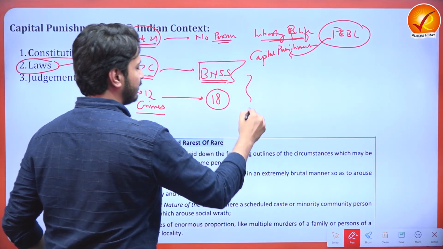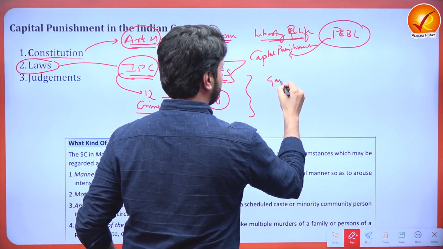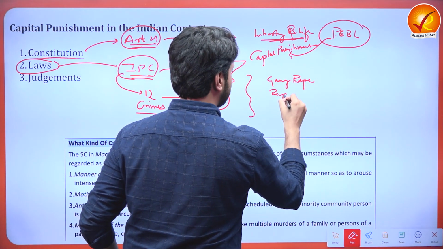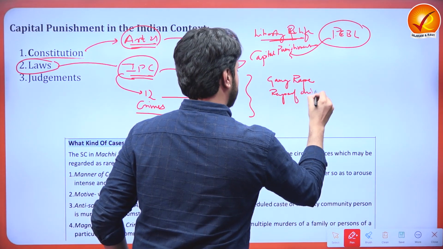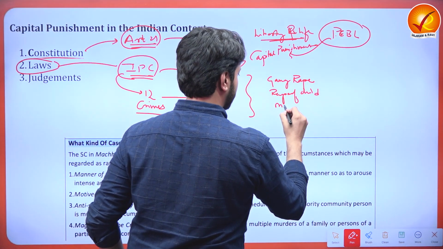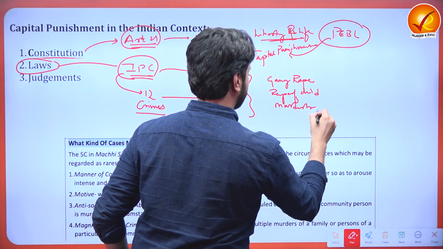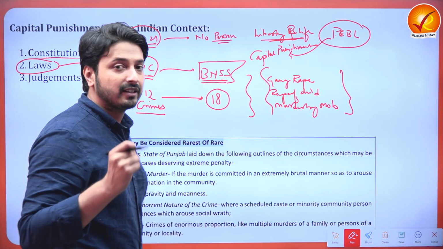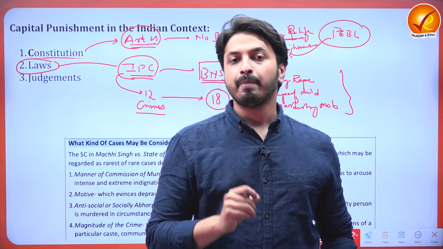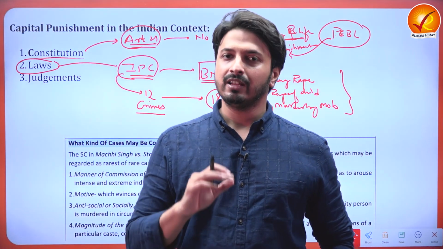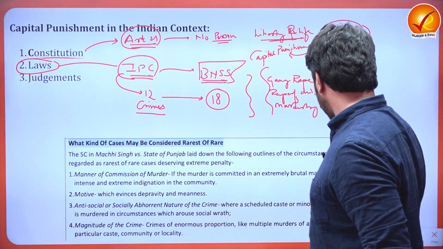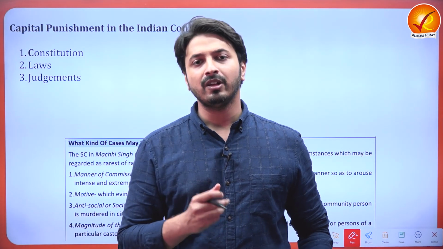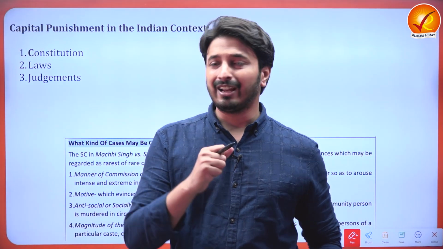To name some, for example, ghastly gang rapes, rape of a child, or murder by mob. These are such categories of crimes which are put under the statute which prescribes capital punishment for their commission. Apart from it, there are certain other laws and statutes which also prescribe capital punishment.